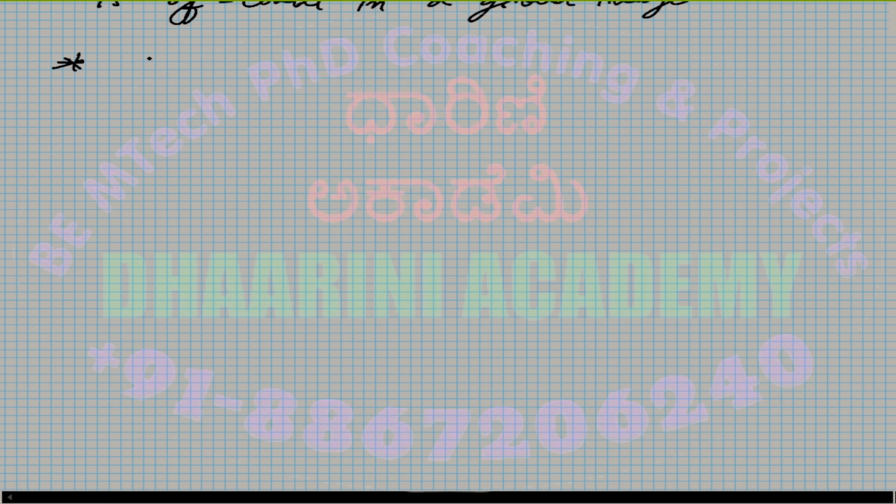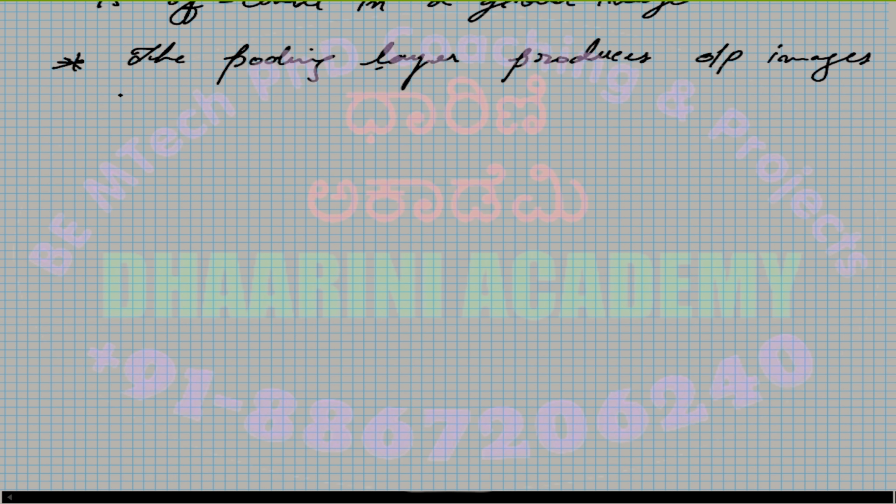The pooling layer produces output images of lesser size.